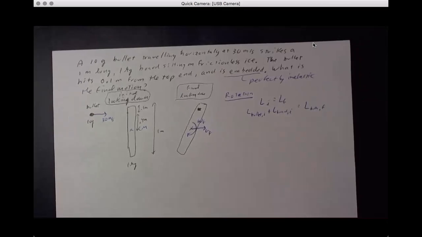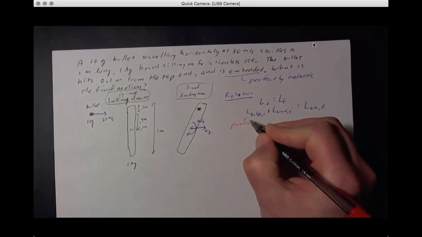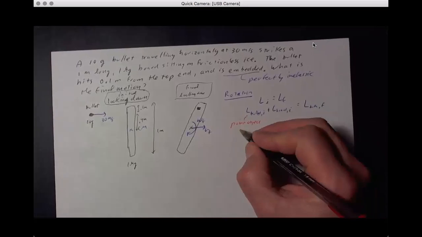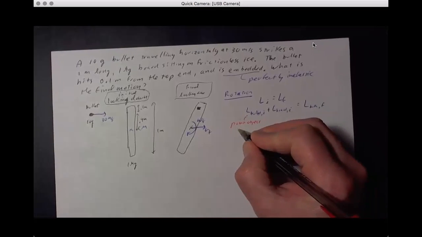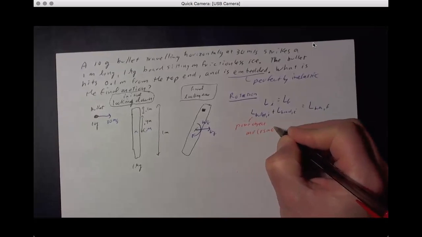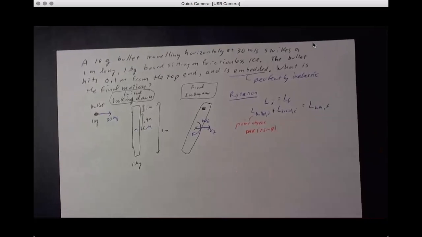Now remember that for a point object, we had a choice of using mr squared for I and omega, or we could use the mv times r sine phi. And it turns out we want to use mv times r sine phi here because that's more convenient.